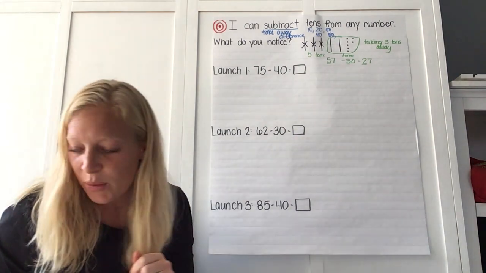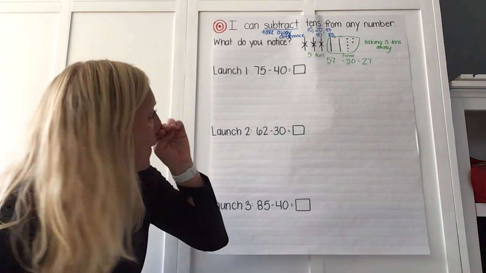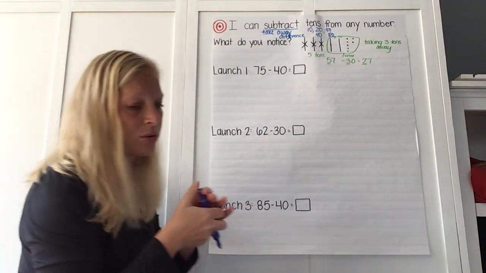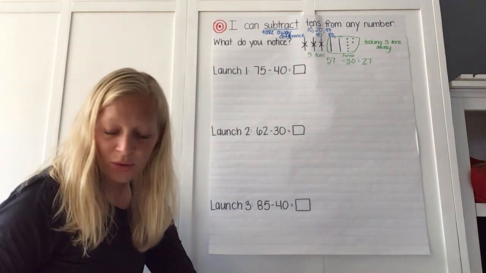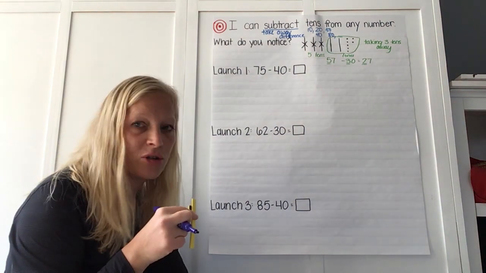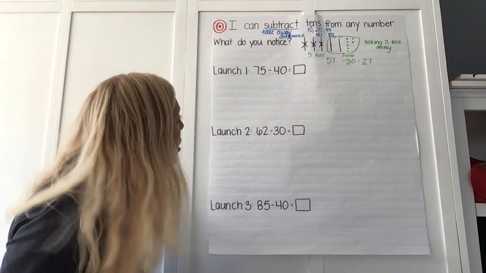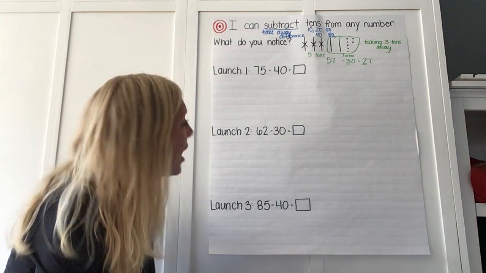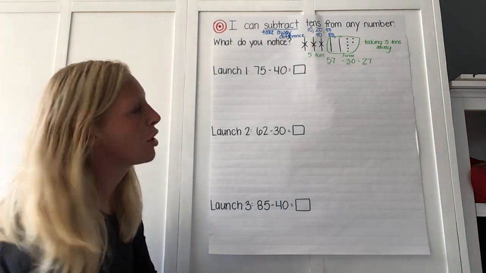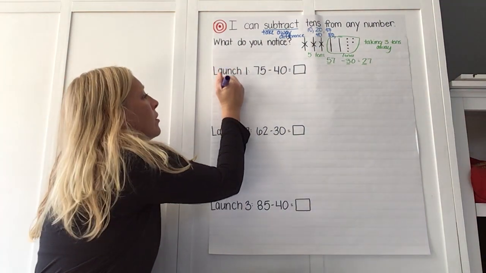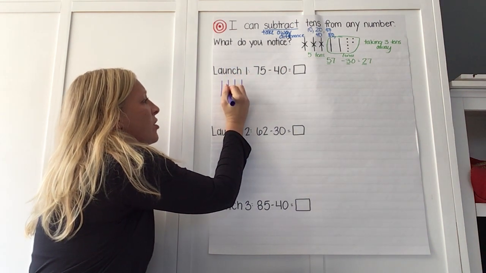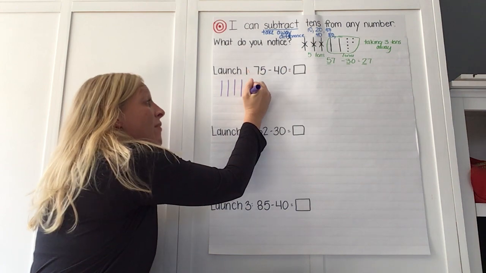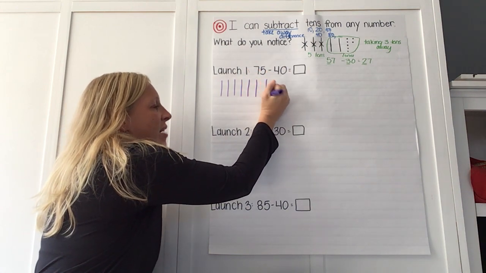Let's go ahead and share what you did, my friend. What model did you use? You used base 10s. Did you use the actual base 10 blocks, or did you just draw them? Okay, so when you laid those out, what did you lay out first? And why did you lay out 7 10s? 1 10, 2 10s, 3 10s, 4 10s, 5 10s, 6 10s, 7 10s.